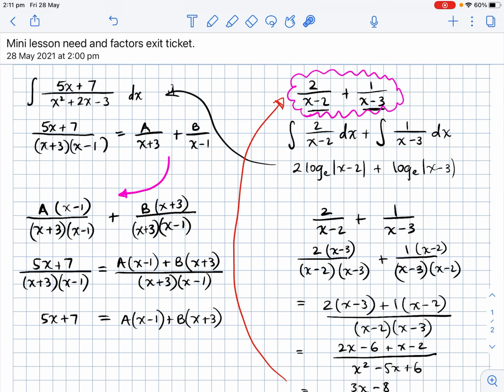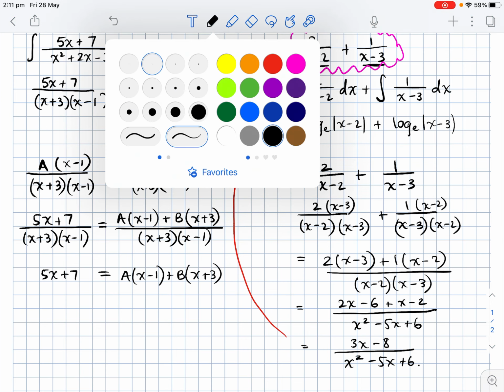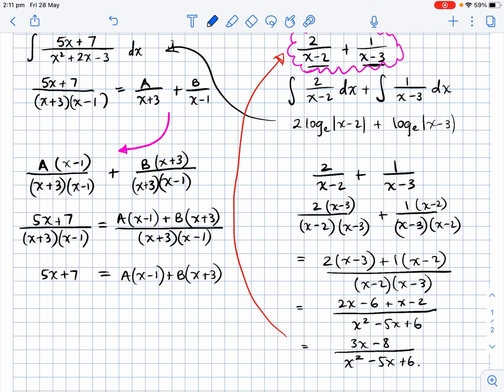And it doesn't matter what x is, the left-hand side will always be equal to the right-hand side. So we can choose any x that we want to help us solve this problem. And in this particular case, I can actually choose a specific x that helps me. Let's say x is equal to 1.